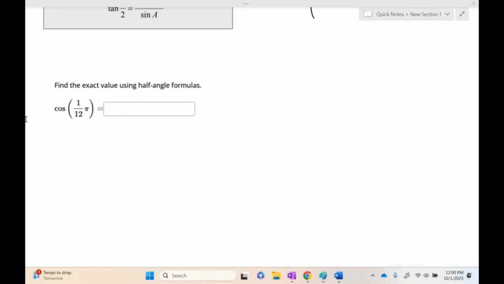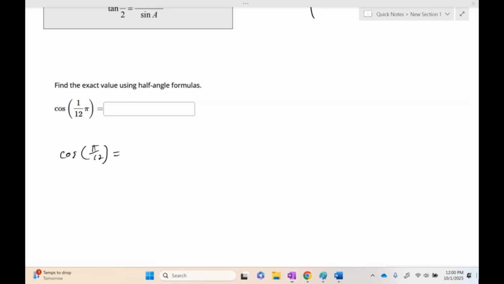So here we want to find the exact value for the cosine of pi over 12. The first thing I would do is take this out of radian mode and write it in degree measure. So the cosine of pi over 12.